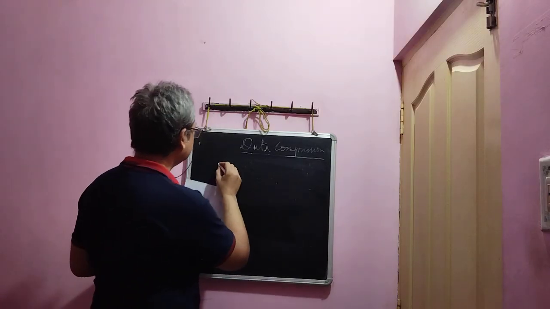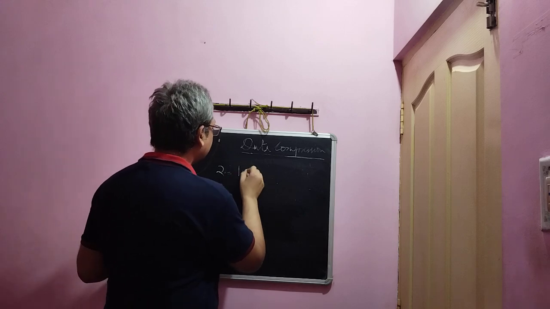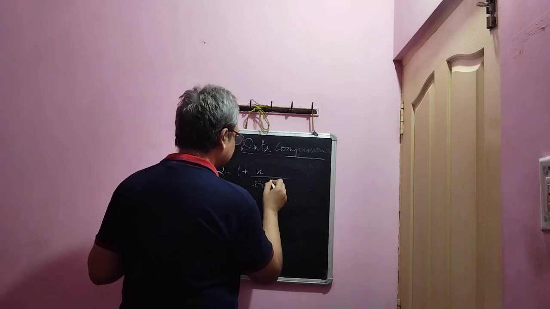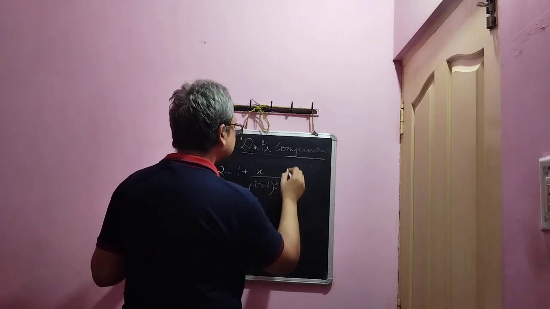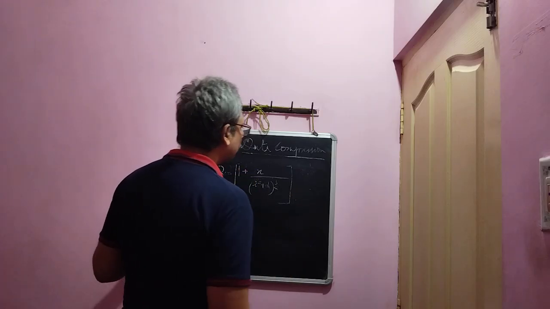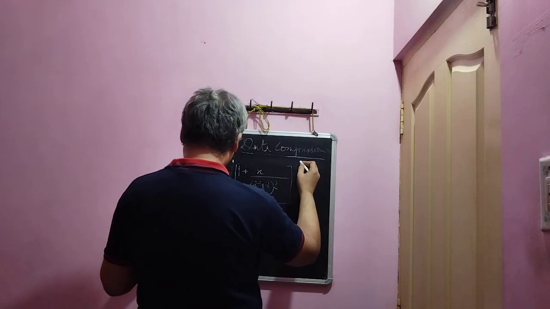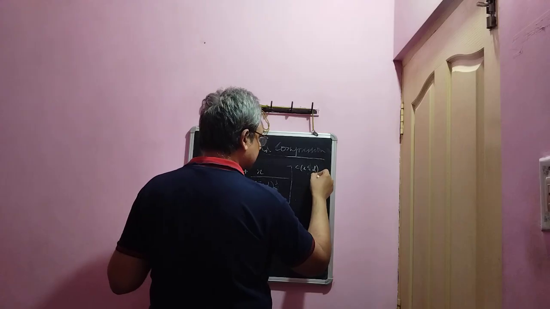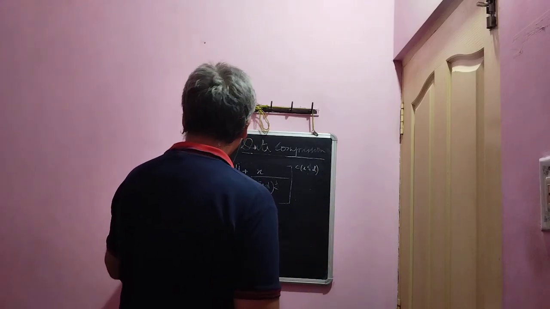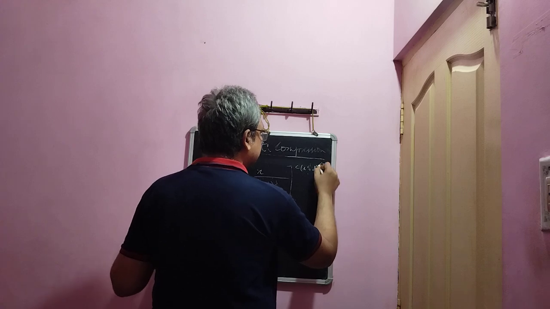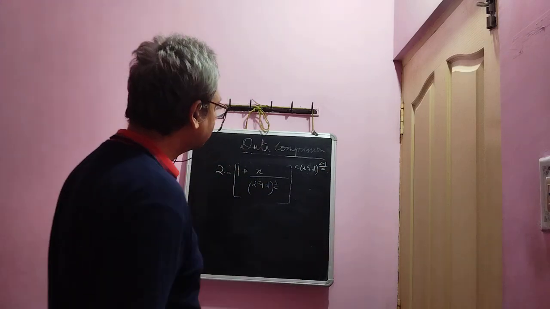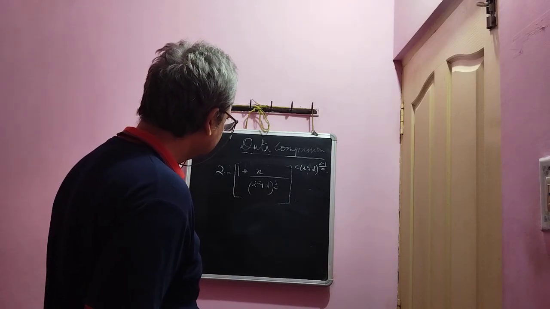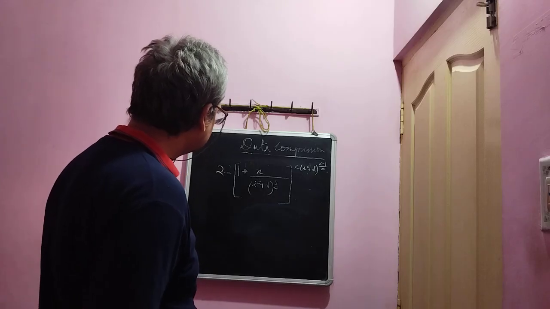We will get 2 is equal to (1 plus x by (i power c plus d) whole power 1 by c) whole power c times (i power c plus d) whole power (c minus 1) by c. This is what you will get.